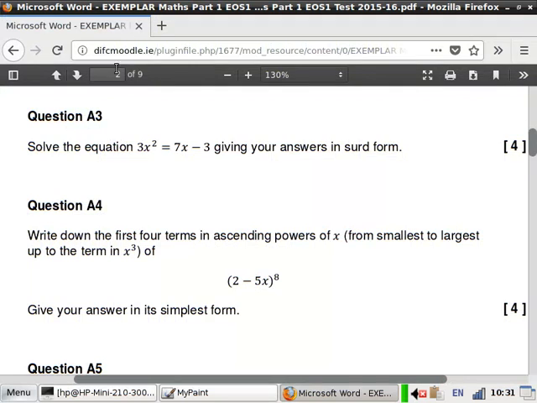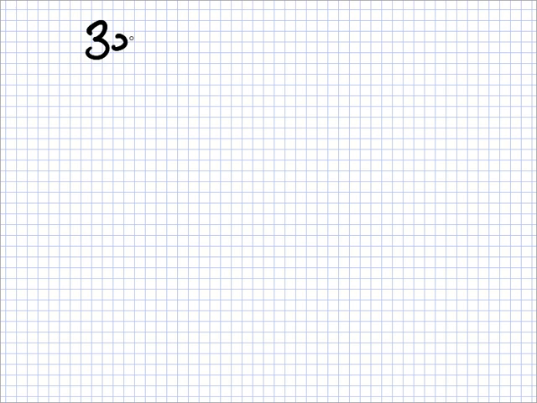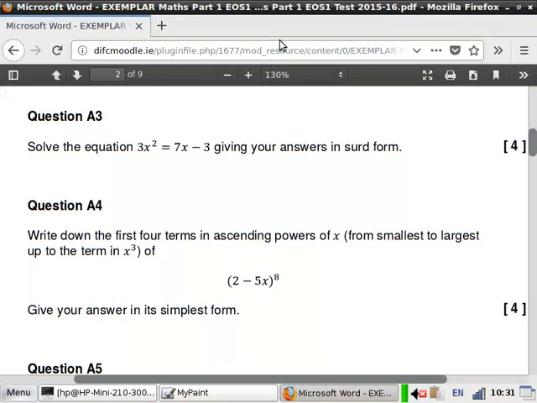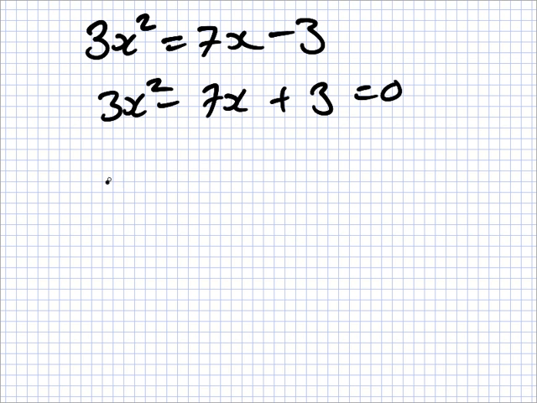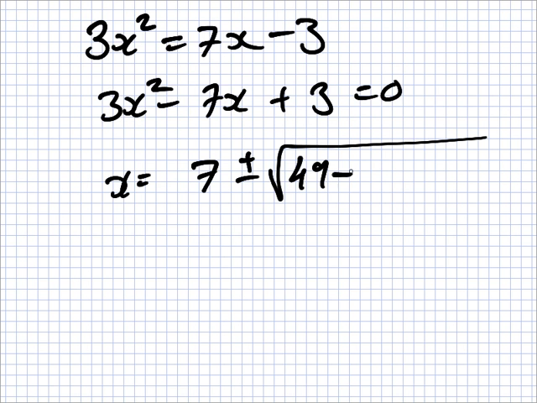So we have 3x squared equals 7x minus 3. So that's 3x squared minus 7x plus 3. So that means x equals minus b plus or minus square root b squared minus 4ac all over 2a.